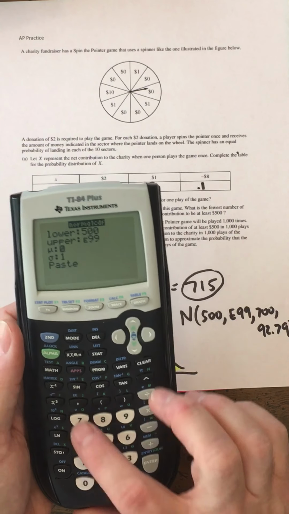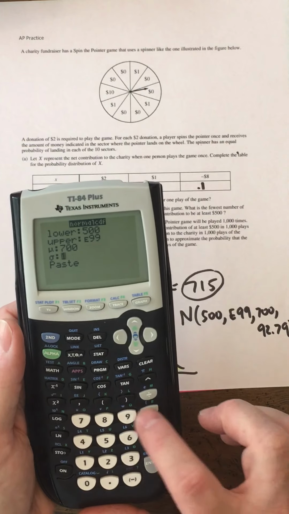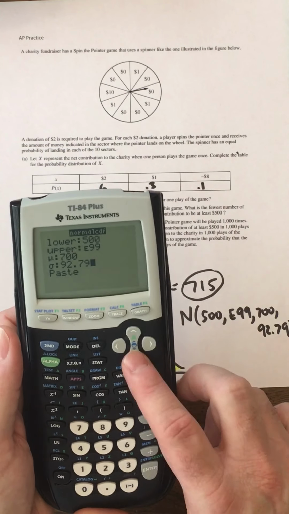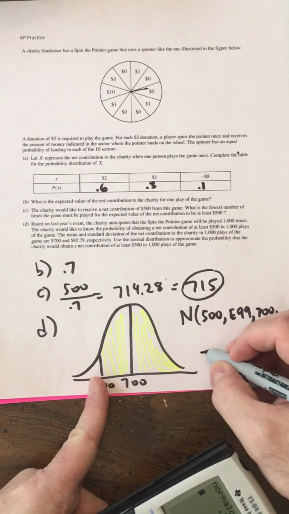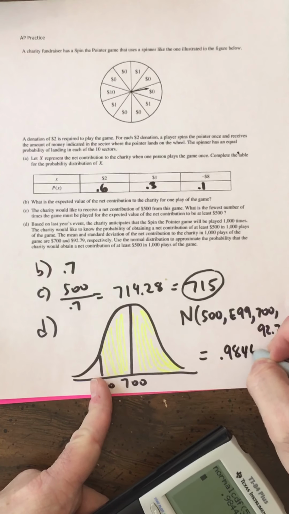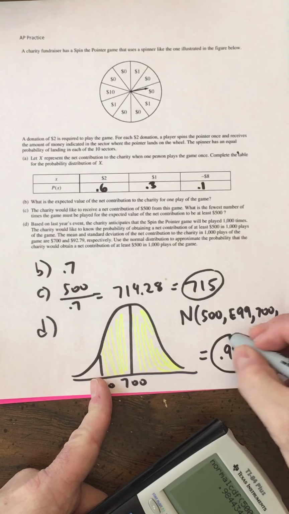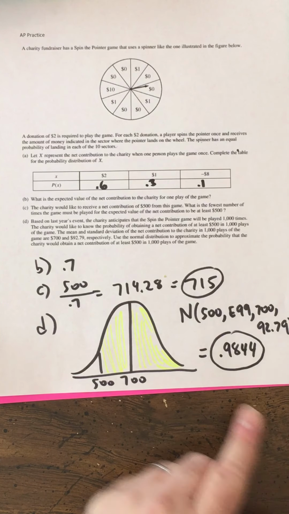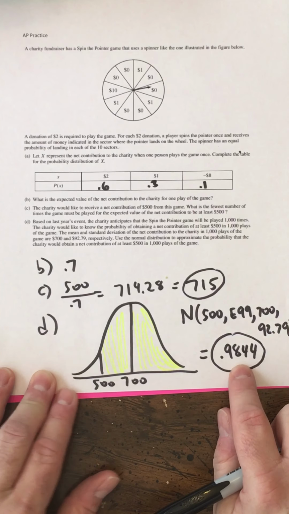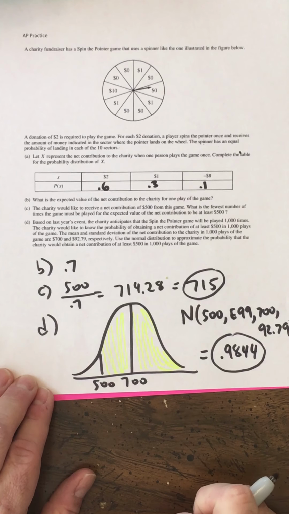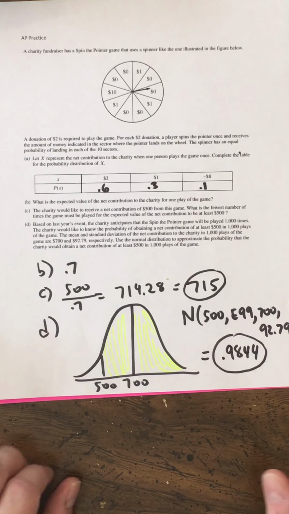The mean here is 700, and the standard deviation is 92.79. And let's see what that yields, 0.9844. That means they can be pretty sure they're going to make at least $500 about 98% of the time. There's going to be about 1.5% of the time where they're going to fall short of their goal. Okay, do your homework. I'll see you next time.